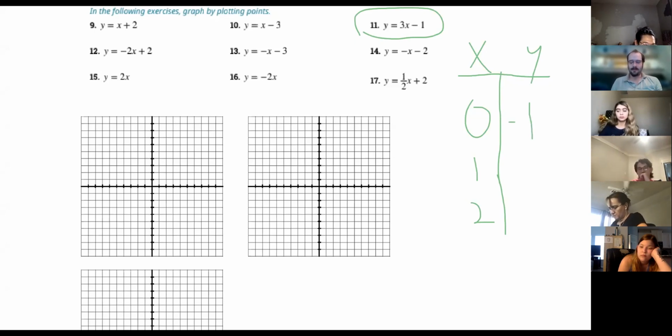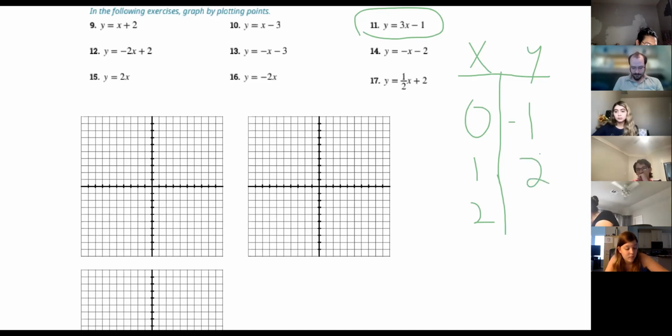And then X equals 1 gives y equals 2, and X equals 2 gives y equals 5. So we're doing the same thing, plugging X into y equals 3x minus 1. I don't have enough room to write right here.